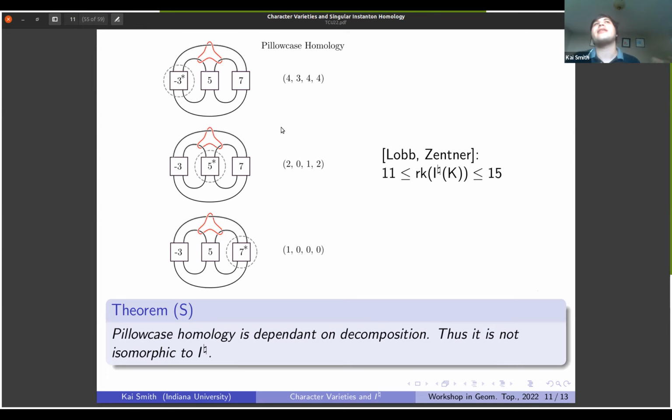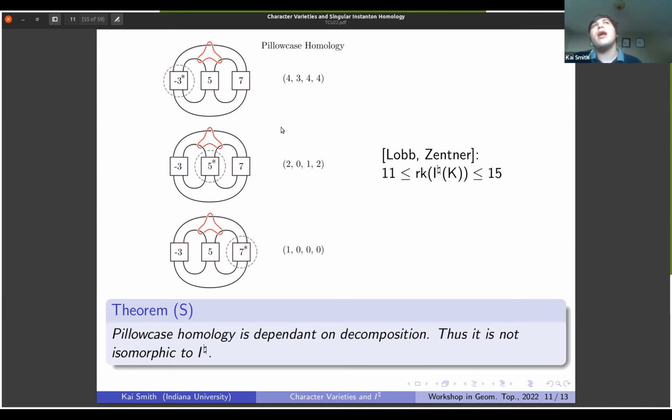And so the reason you get different answers comes from the fact that these Lagrangians were immersed instead of embedded. And so that's sort of what that idea of bounding cochains should hopefully take into account. And so that's why there's hope that that would fix the definition. I don't know that for every knot I can find a decomposition that gives a different answer.